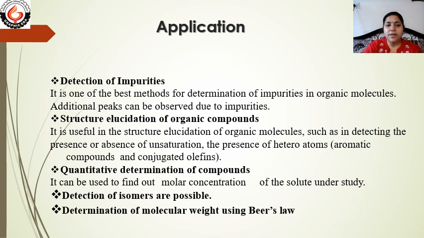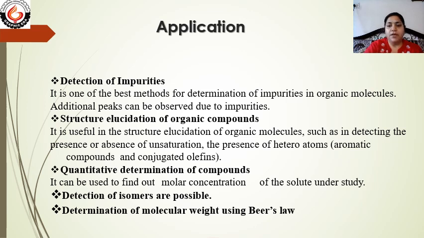Next application is quantitative determination of the compound. Quantitative means whether the concentration of the compound is increased or decreased. So we can compare different concentrations of a compound in a solvent with the help of UV spectroscopy. Next is detection of isomers. If there are two isomers, obviously they will show different peaks.